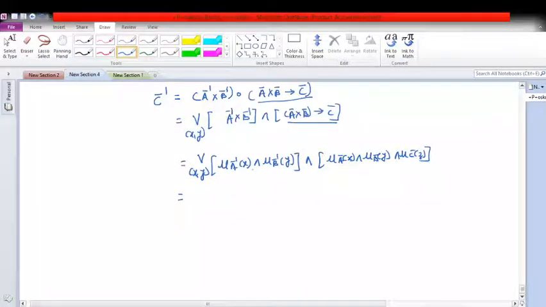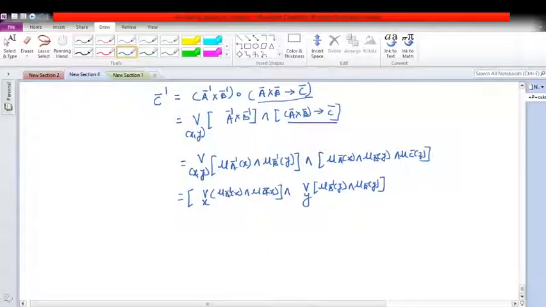Now combine. Take the maximum over x of mu A bar dash of x intersection with mu A bar of x. Then take the maximum over y of mu B bar dash of y intersection with mu B bar of y. And again it is an intersection with mu C bar of z.